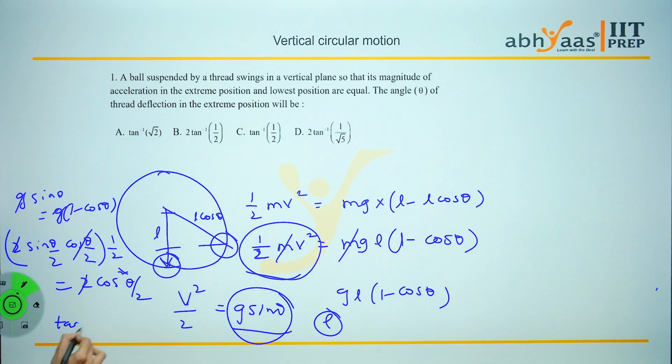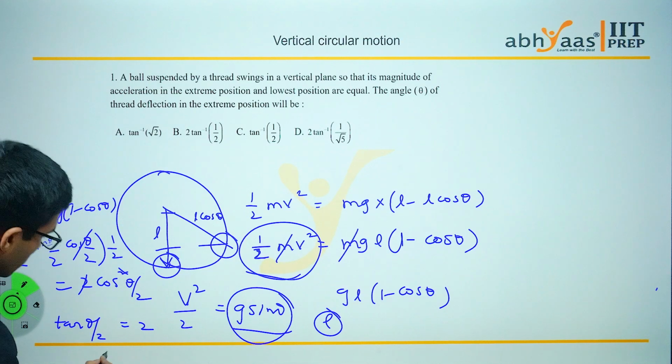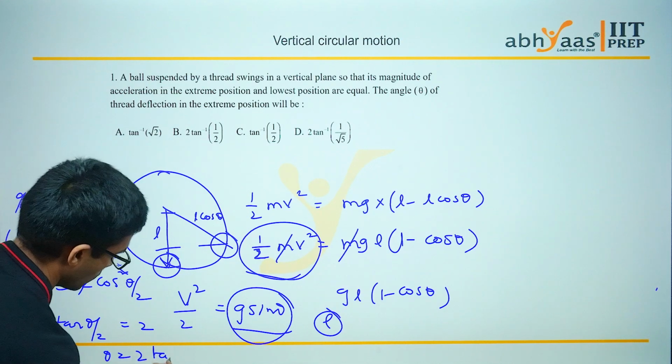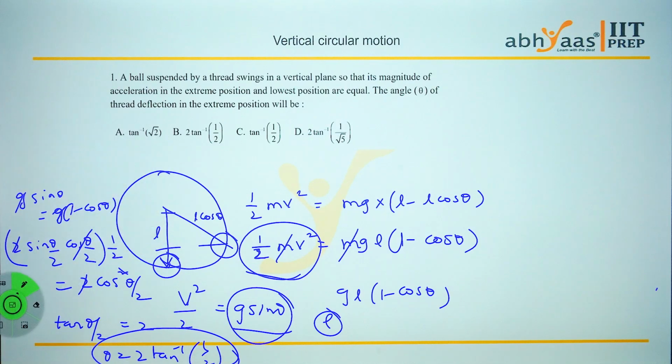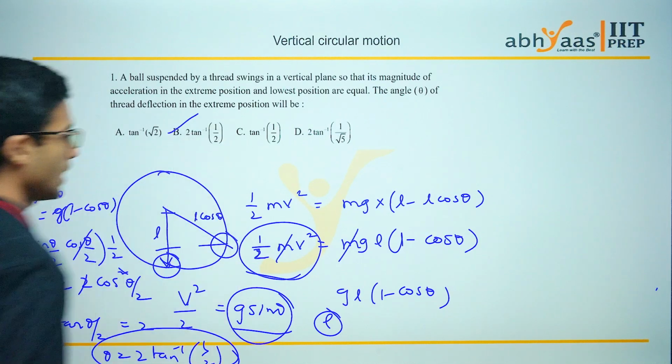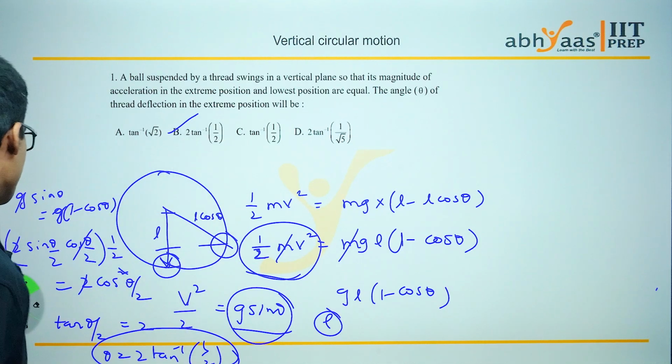Tan theta by 2 is equal to 2, so theta is equal to 2 tan inverse of 2. You just check this. So this is the answer. I have written it directly, but this is the principle.